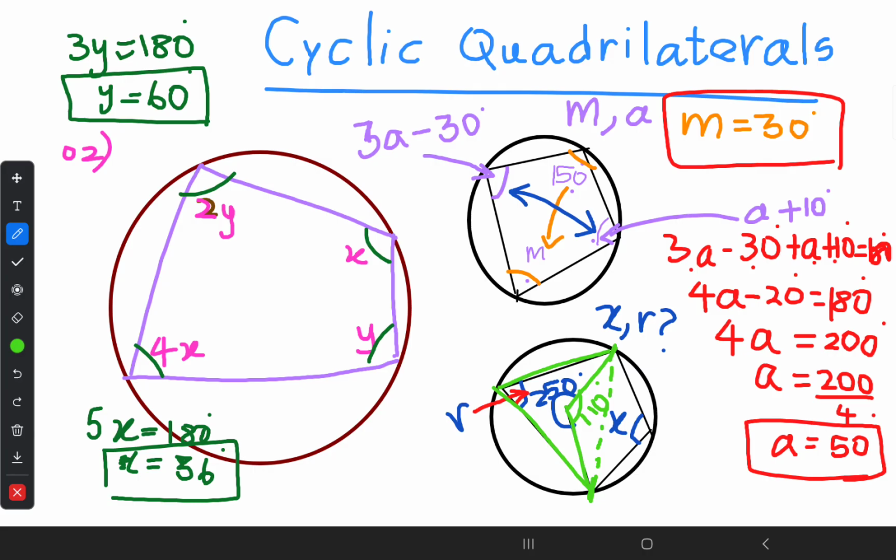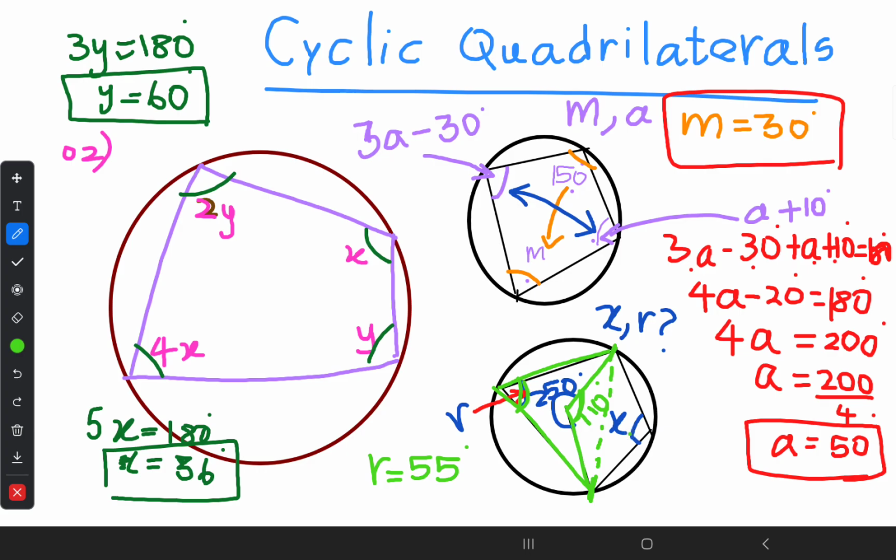By using a chord, one angle is created at the center and another angle is created on the circumference. What is the relationship? The angle created at the center is double the angle created on the circumference. So this should be half of 110. So R is 55.